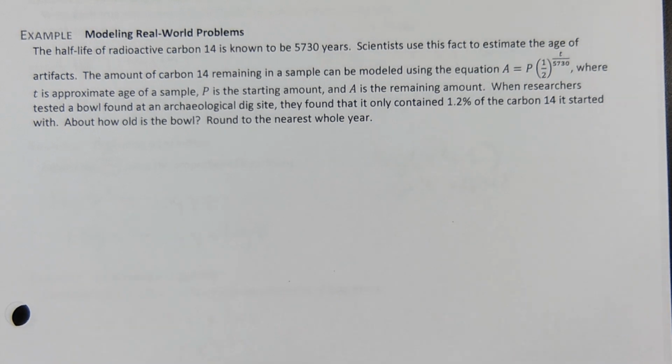Did I tell you how much you started with? I didn't, did I? And for that matter, I didn't tell you how much you ended with. I did, however, give you a percent of what you ended with. You could approach this the super math theory way and say that you started with P and then say what is 1.2% of P. That's what I did with first period, and it kind of fell flat.